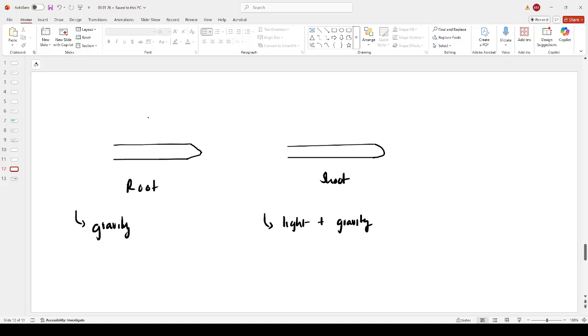So, auxin is the plant hormone, okay? For roots, we know that they are negative. And for shoots, we know they are positive.